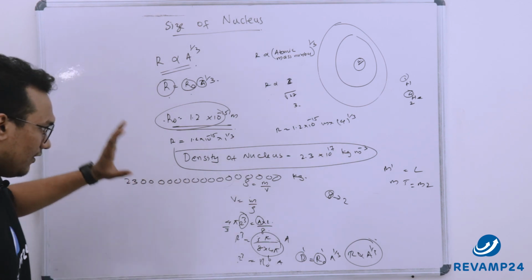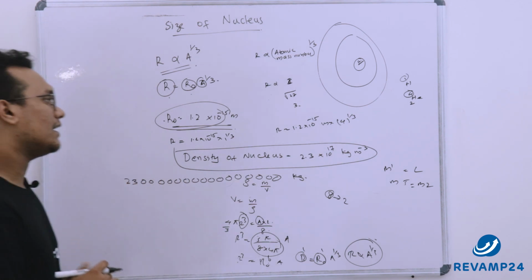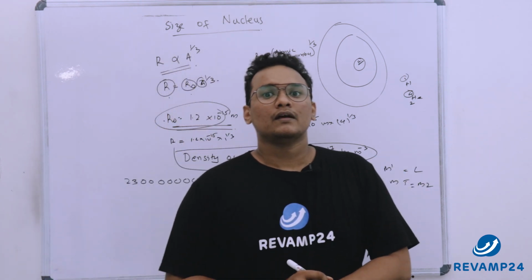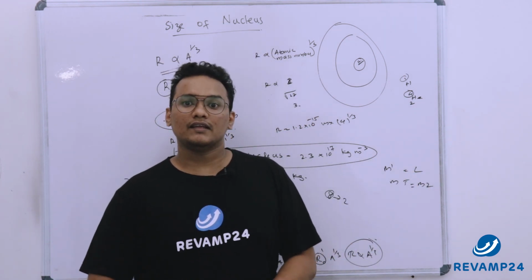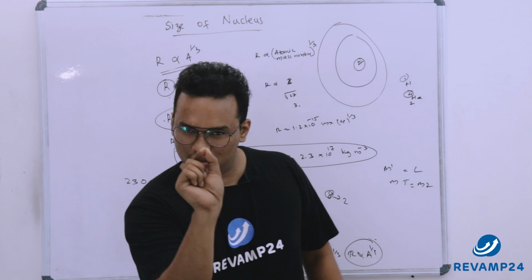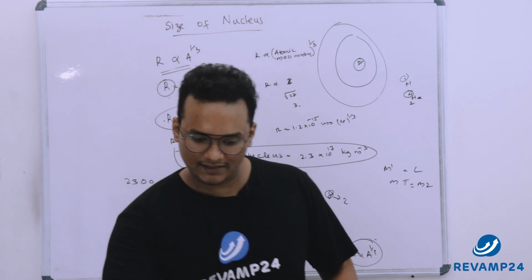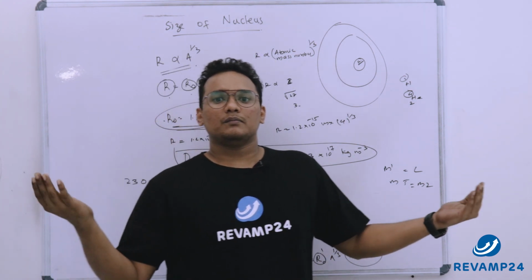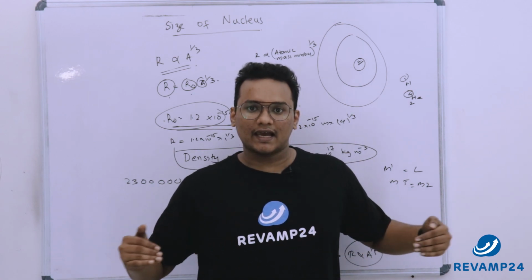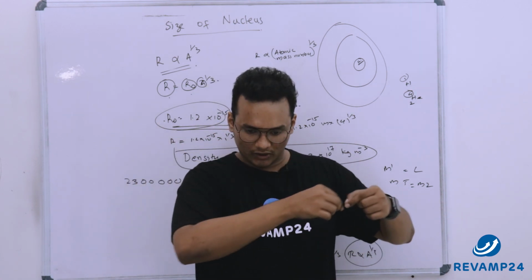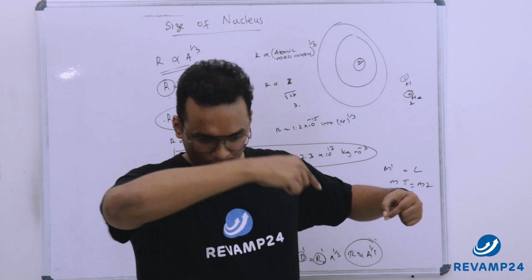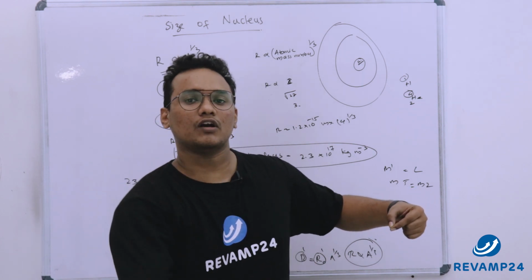Okay, so this itself gives us an idea that when we are filling a box with any material, the number of nuclei or size of the nucleus is very small. So let's say I have filled a bottle or a tank which is 1 meter cube, 1 meter length, 1 meter width and 1 meter height.